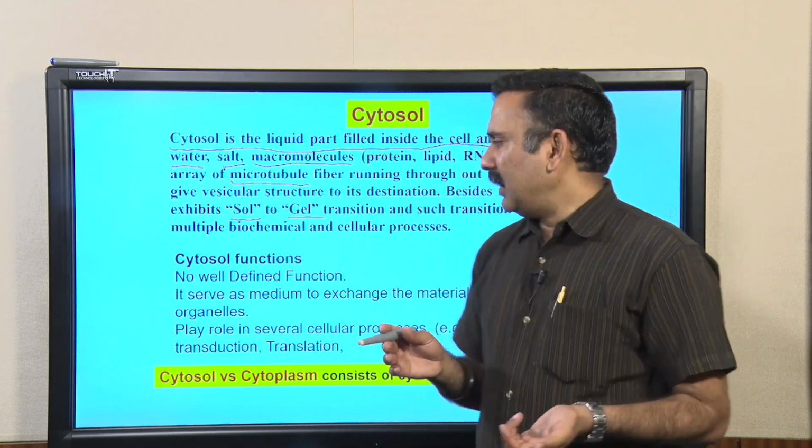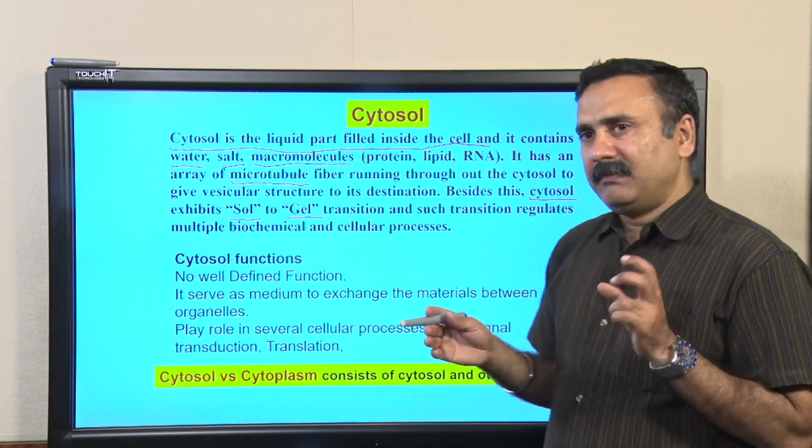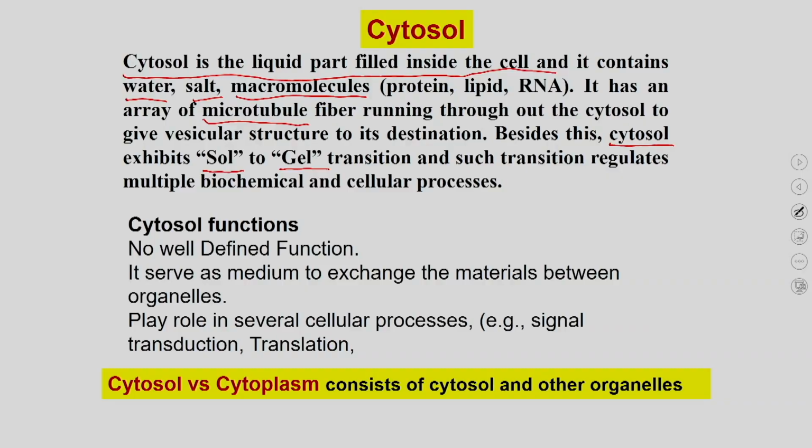This has implications in controlling the biochemical as well as the cellular processes, because in one form the cytosol is more liquified, and in the other form it is more jelly like. So, because of this loss of water or the density of the cytosol, it can control the biochemical as well as the cellular processes.